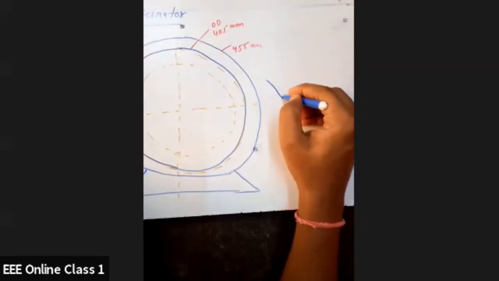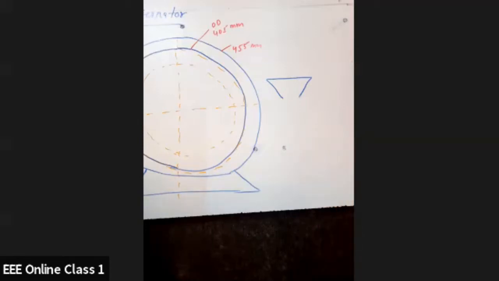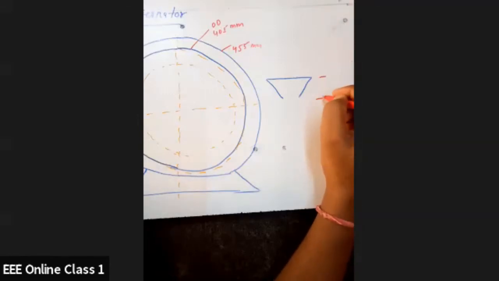Let us take one trapezoidal. Height is 44.3. So this height is 44.3.